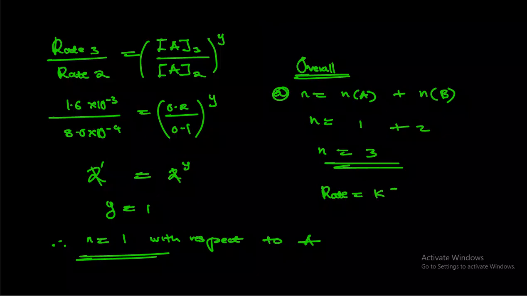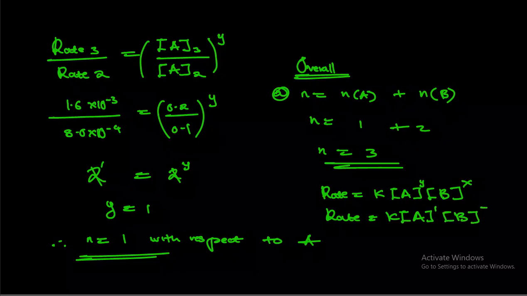Now because we have reactant A, we are going to say A, and reactant B. We have y for A and x for B. So just replace the values which we found. With A we had 1, with B we had 2. But you know that this can also be written as, because A to the power 1 is just A, so just write A, then B to the power 2.